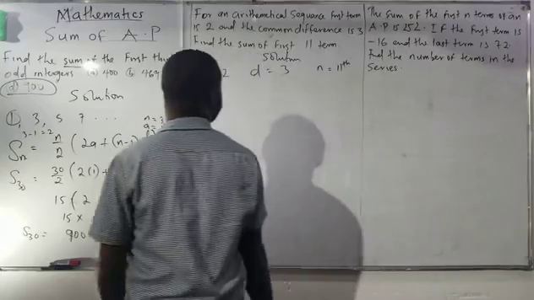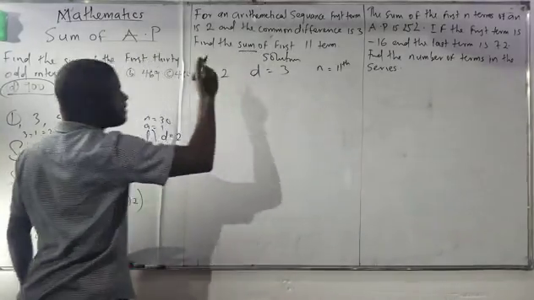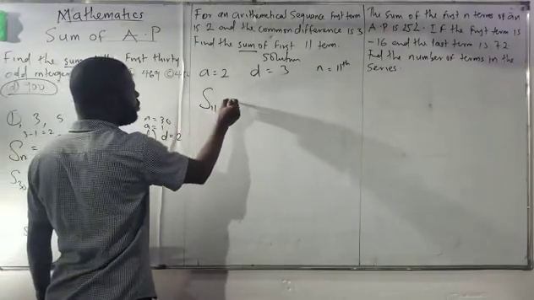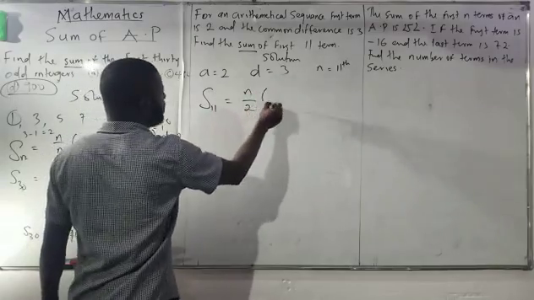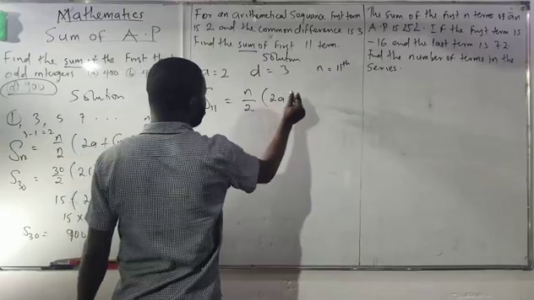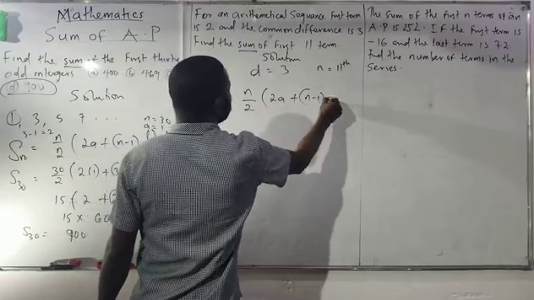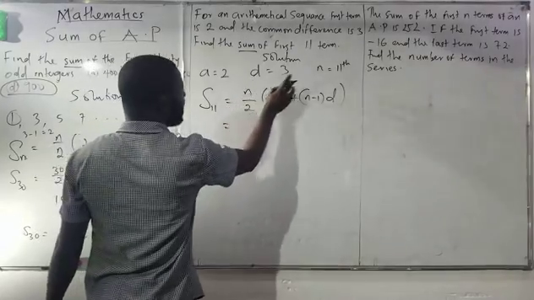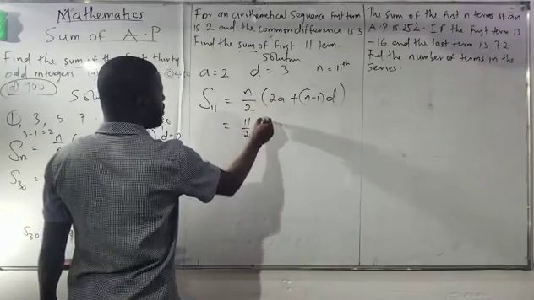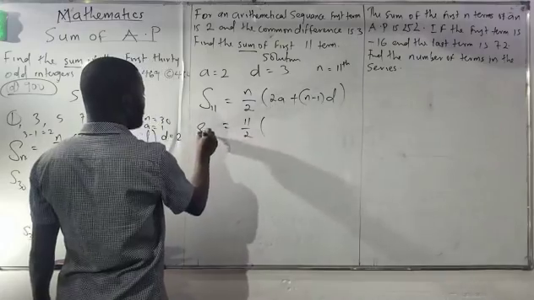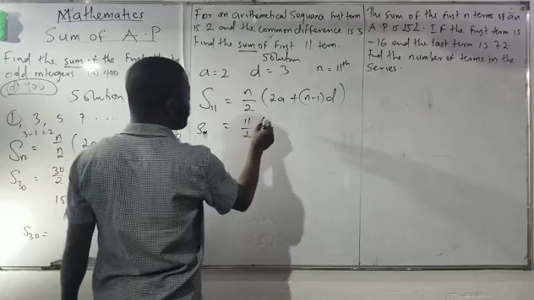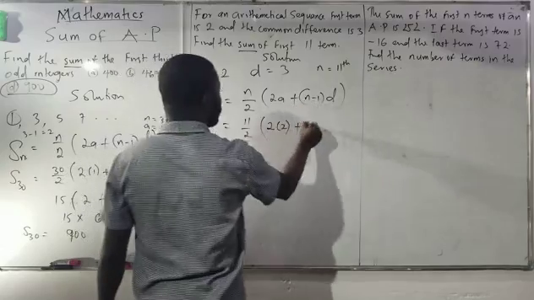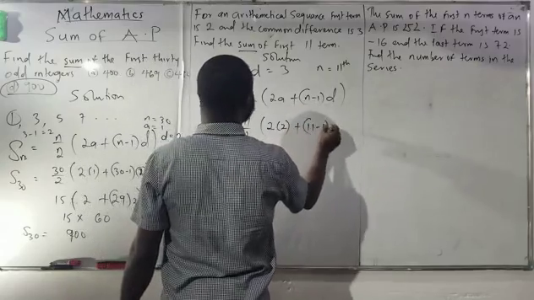Now, the sum of the first 11 terms will be equal to n all over 2, bracket of 2a plus (n minus 1)d. Now, at this junction, I'm talking about S_11, which is 11 all over 2, bracket of 2 times 2 plus 11 minus 1, with d equal to 3.